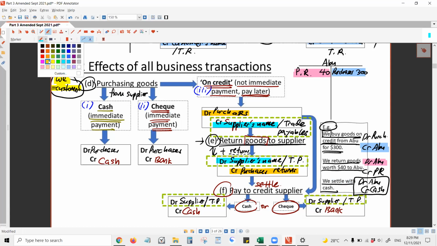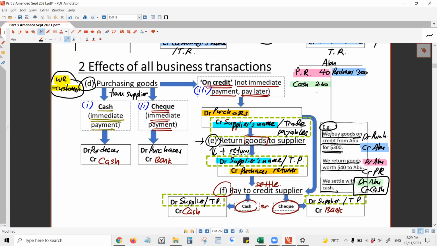I'm picking a color. Okay, hold on. Okay, light green. Debit Abu means going to Abu's account debit side. Write a figure here. Okay, amount is 260, right? And then the detail, write the name of the other account.